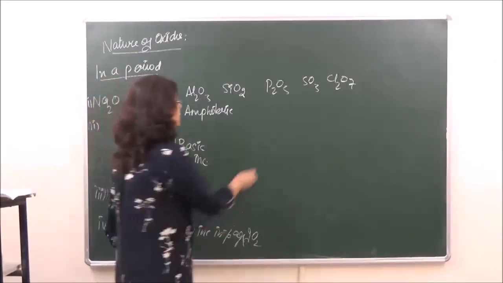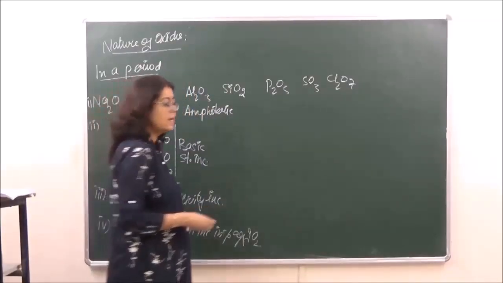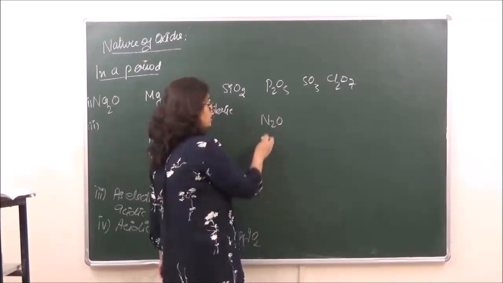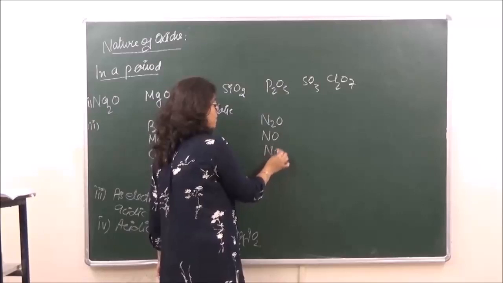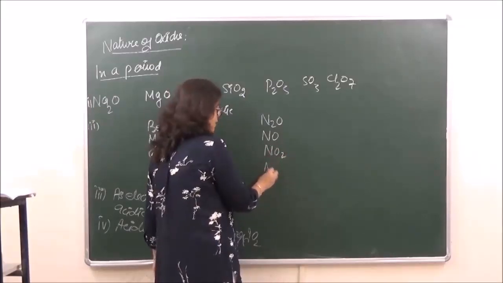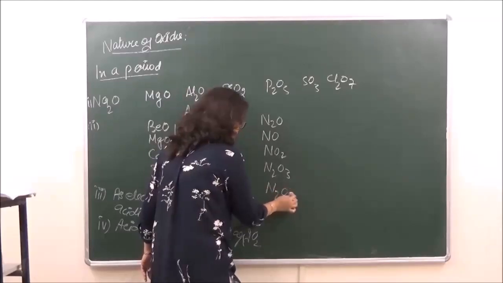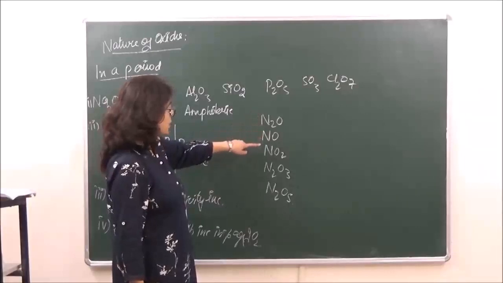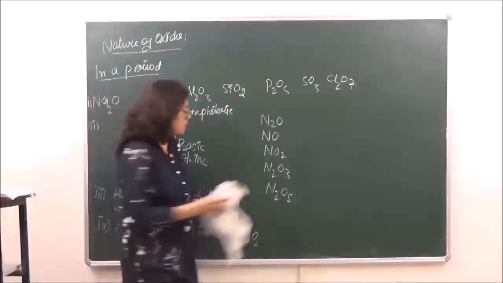Like for example, we know of nitrogen. Nitrogen forms 5 oxides, right? So we have nitrous oxide in +1 oxidation state. Then we have NO. Then we have NO2. Then we have N2O3, and we have N2O5. Okay. Now, as the percentage increases, let's put NO2 after N2O3 because the percentage is more.